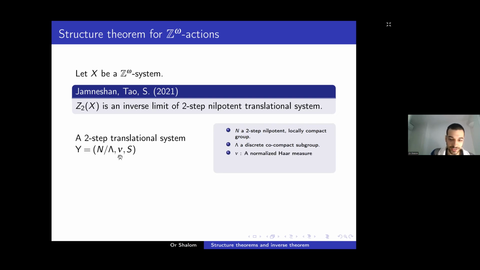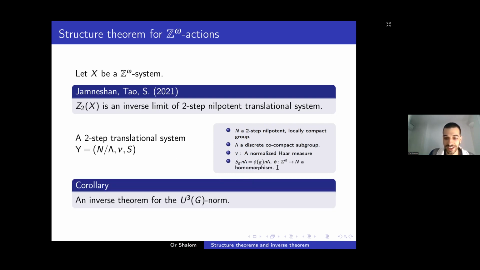Nu is some normalized probability measure invariant under N. And a Z omega action means that you have countably many translations and they all commute. And from this ergodic theoretical structure, we managed to give an ergodic theoretical proof for the inverse theorem for the U3 G norm for an arbitrary finite abelian group G.